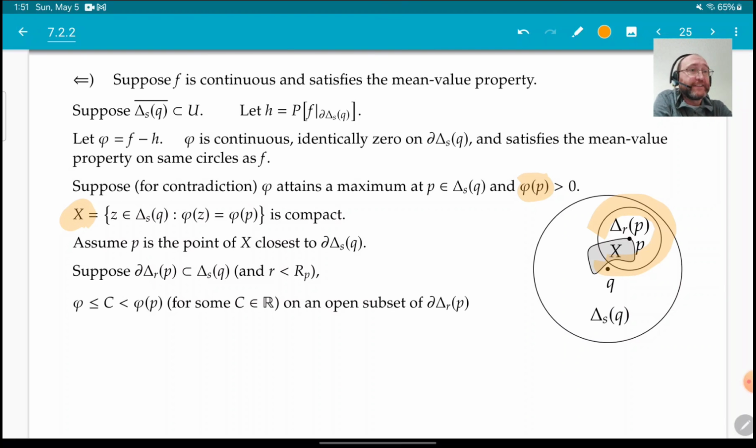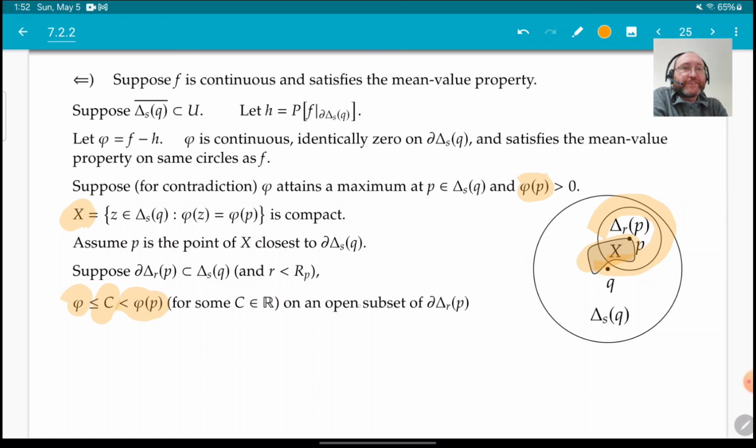In this set over here, because this was the point that was the closest to the boundary. So if I draw a little circle, somewhere on the circle I have to be even closer to the boundary, and then in a little neighborhood of those points, I can actually find some constant, let's call it capital C, less than phi of p, such that phi is always less than that, right?